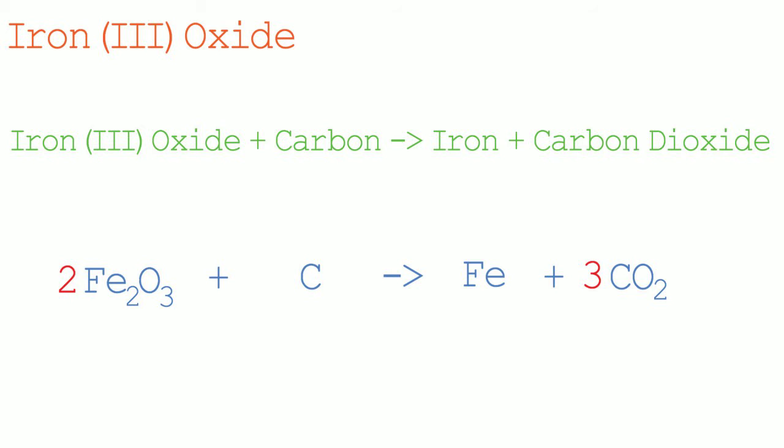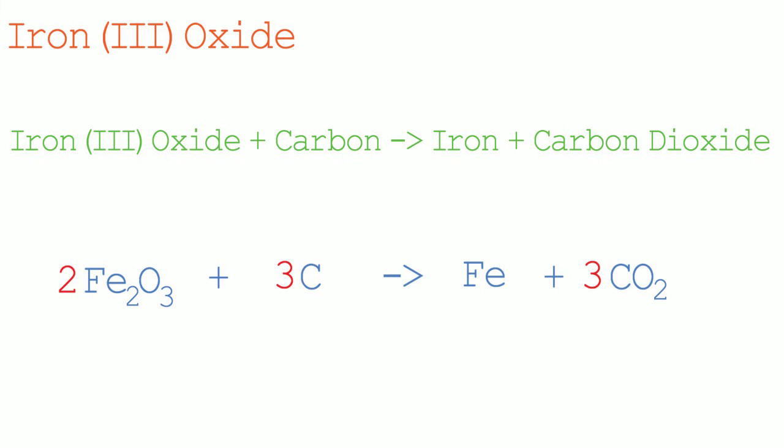However, if we check the number of carbon atoms, we will see that there is only 1 on the left-hand side and there are 3 on the right-hand side. This can be overcome by placing a number 3 in front of carbon. We now have the same number of carbon and oxygen atoms on each side.